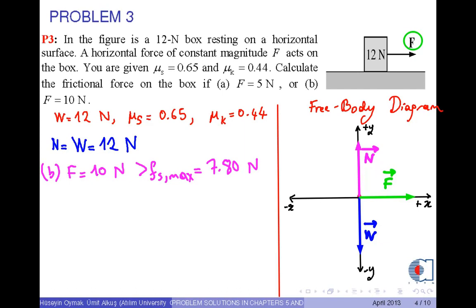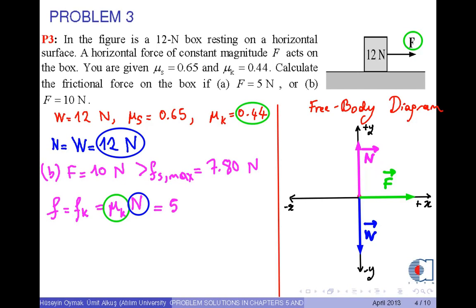Therefore, we use the formula for the kinetic frictional force, which is given by small f equals Fk equals μk times capital N. If we substitute the values of them, that is 0.44 for μk and 12 newtons for N. Therefore, we obtain 5.28 newtons.